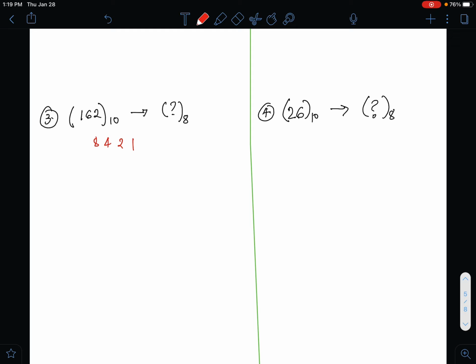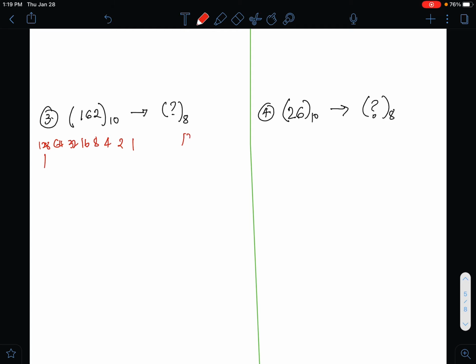So, 1, 2, 4, 8, 16, 32, 64, 128. So, 128 plus 64. 12 carry 1, 9, 192. So, that's too much, right? We can stop at 128. So, 1 for 128.